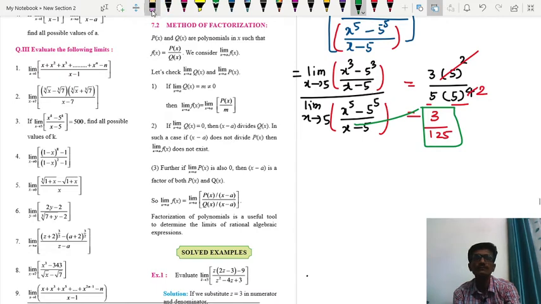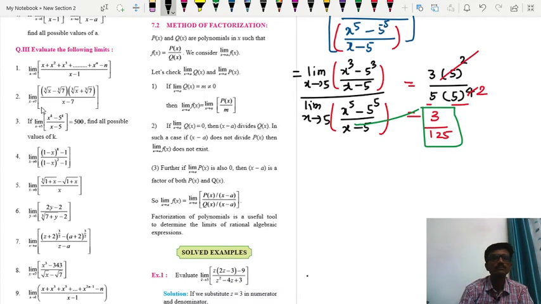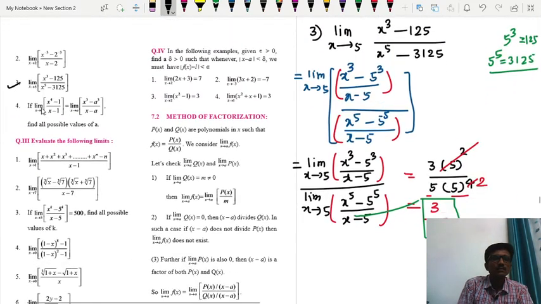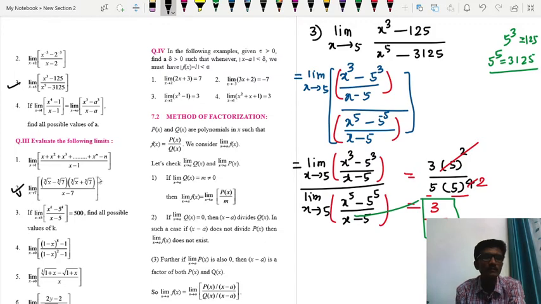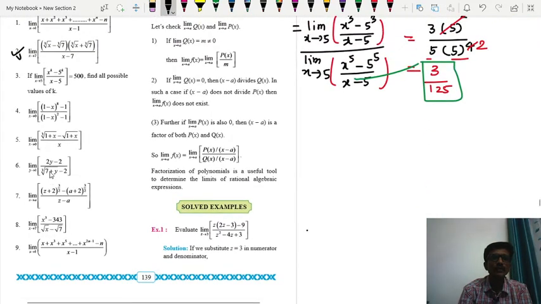Next question. We'll do the next question now. Look at this question. Here we are to evaluate this limit.